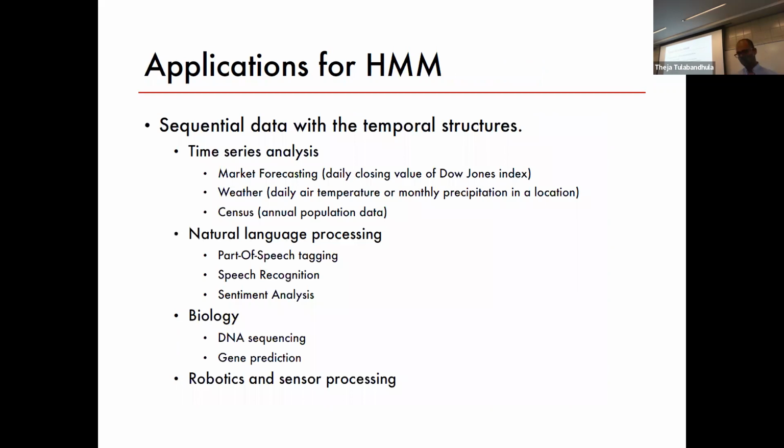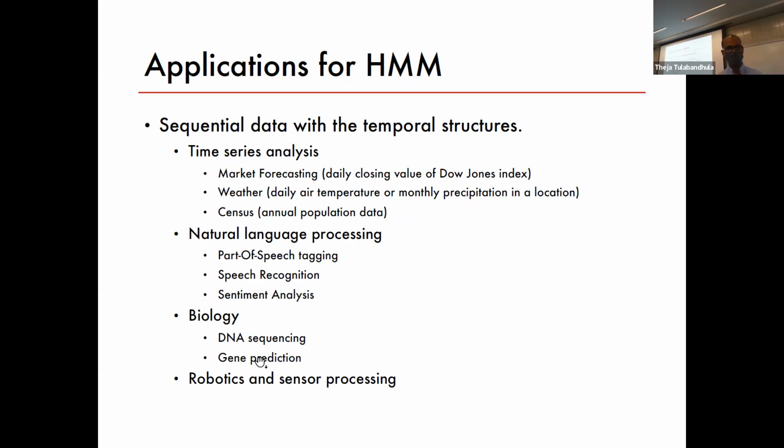So anyway, what I want to show is that sequential data with temporal structure basically includes time series analysis, like market forecasting, the curves that we saw earlier, weather, sensors, and other temporal data. Natural language processing is a very good candidate for sequential modeling: part of speech tagging, speech recognition, the slide that we just skipped, and other things like sentiment analysis.